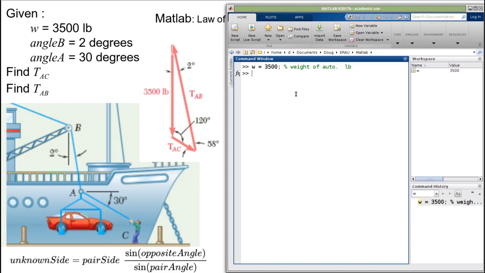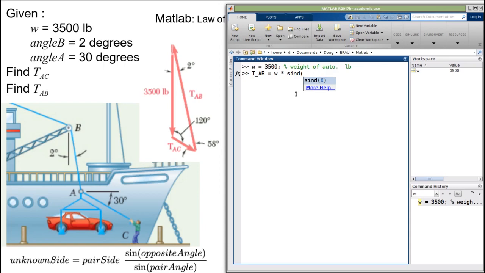Now we just want to use our formula here. Let's go for TAB, and that equals the side we know, which is W, times sind. Sind is the Matlab command for sine in degrees.